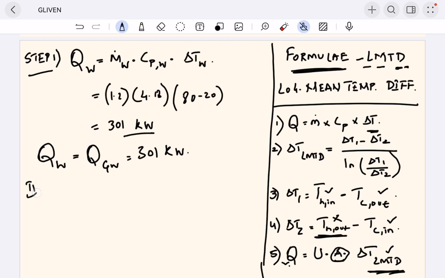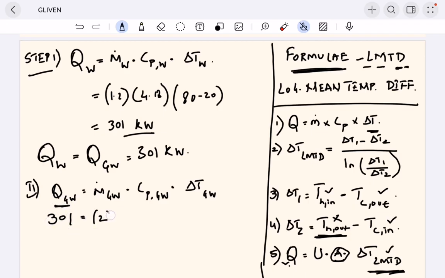Step 2, Q of geothermal water is mass flow rate of geothermal water times Cp of geothermal water times delta T of geothermal water. So Q remains the same, it's 301.